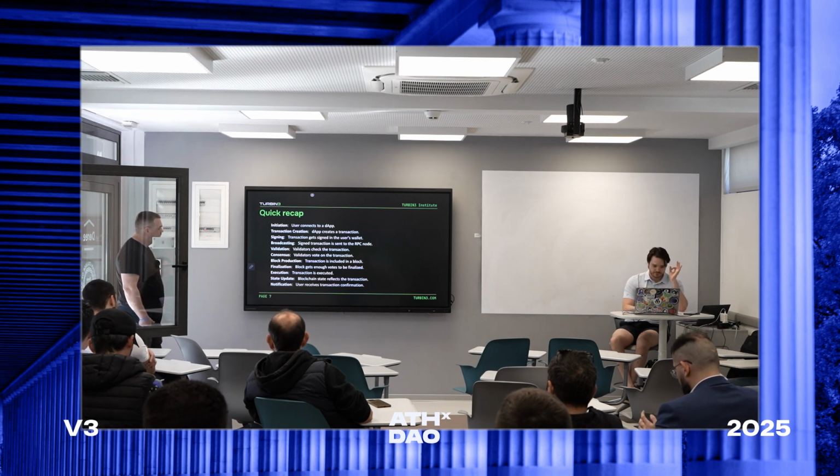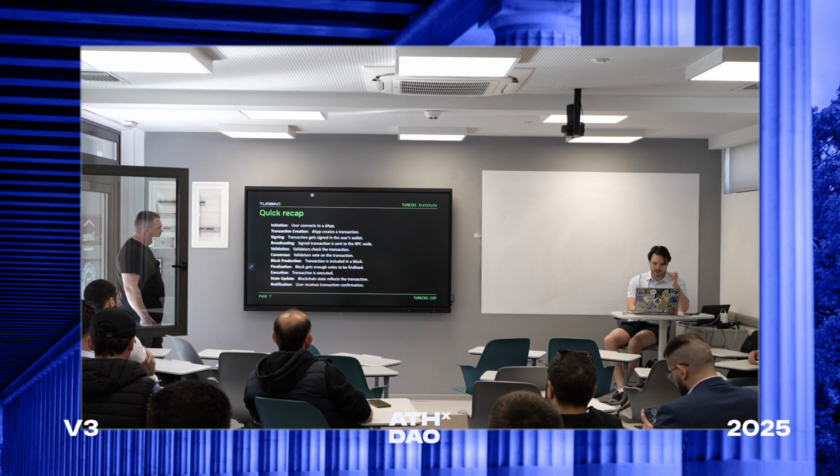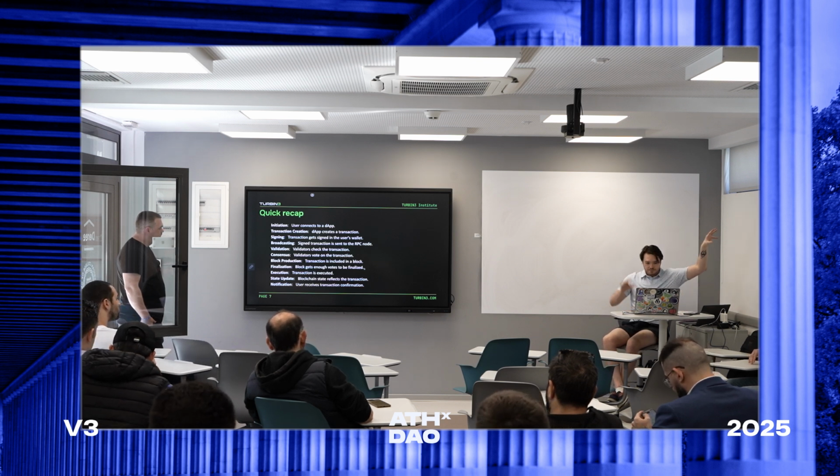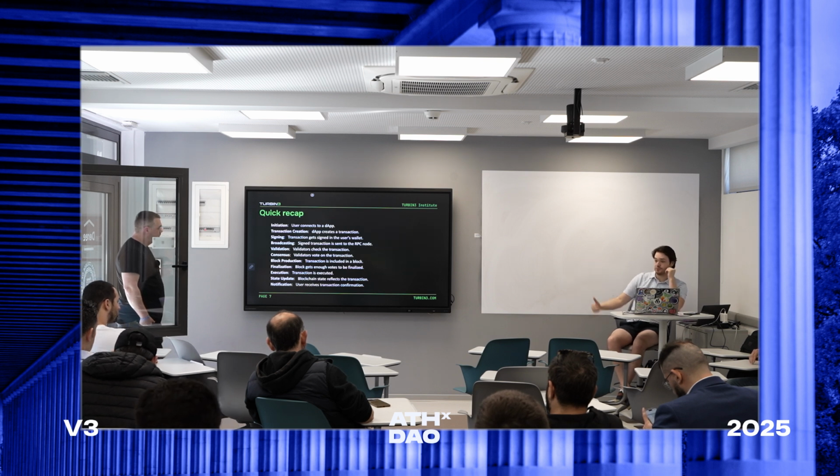And then finalization is once you have the 66, or you get to a point where it looks like this is probably going to succeed, and then you start producing the block, and when it's finalized, you know we actually know this was successful.